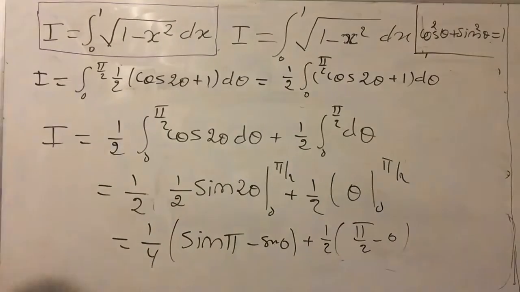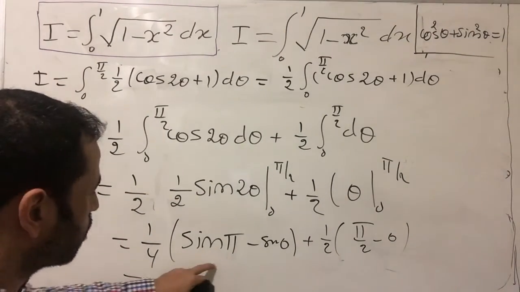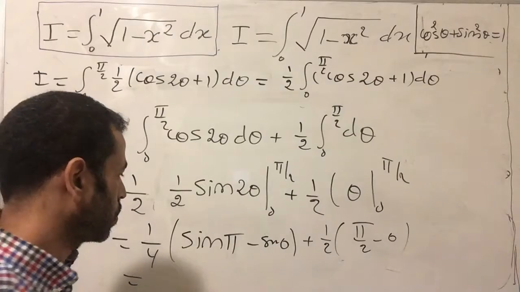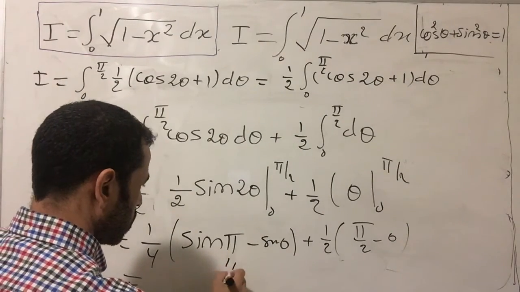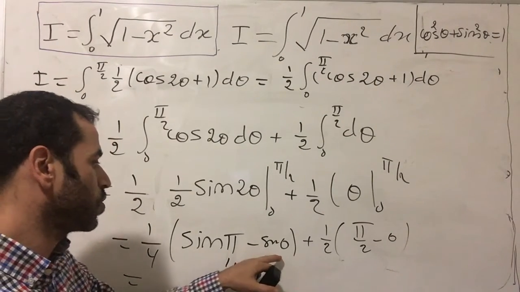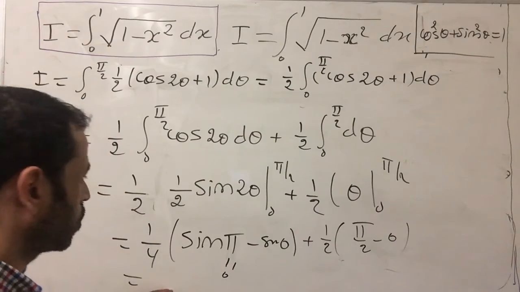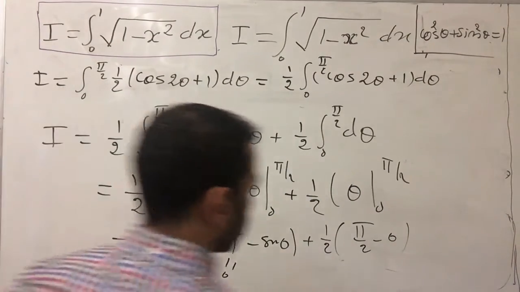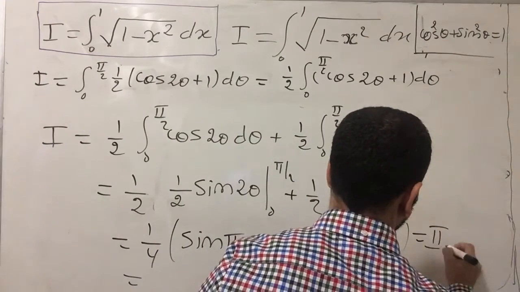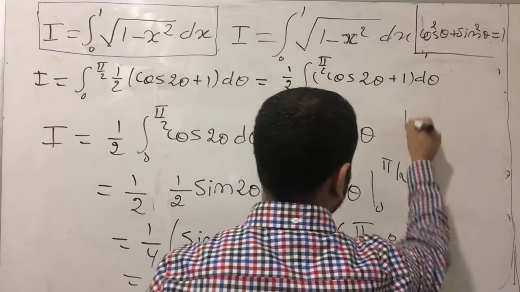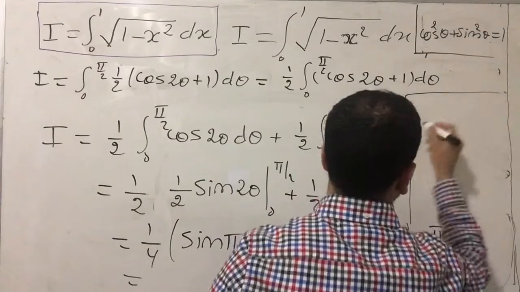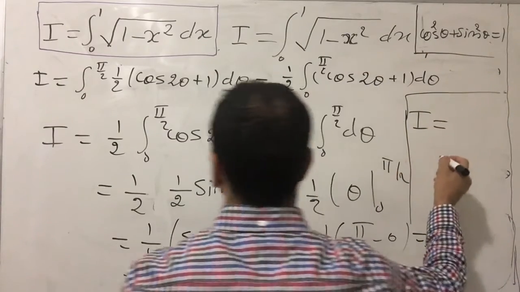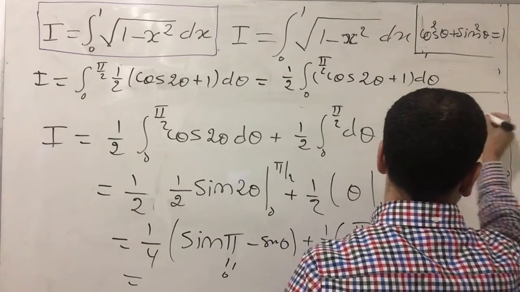Now sine pi equals 0 and sine 0 equals 0, so the whole first term equals 0. Only the second integral is left, which is pi over 4. So the integral I equals pi over 4.